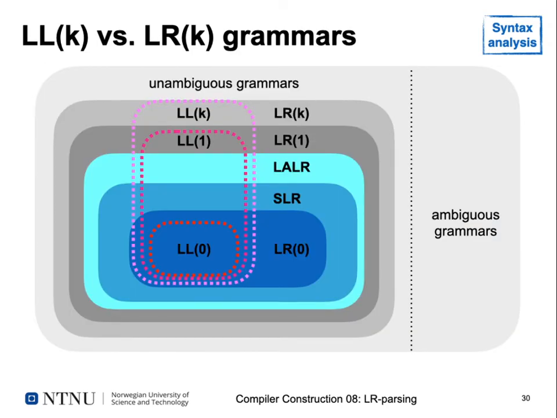So finally, we can compare LL versus LR grammars here. You see the amount of look-ahead essentially determines the complexity of the language that it's able to parse, and you see the subclasses LALR and SLR have no direct representations for top-down parsing here, and LL1 parsers, so just LL top-down parsers with one element of look-ahead, can detect languages with the same complexity as an LR parser with one element of look-ahead, and the same for K elements of look-ahead.